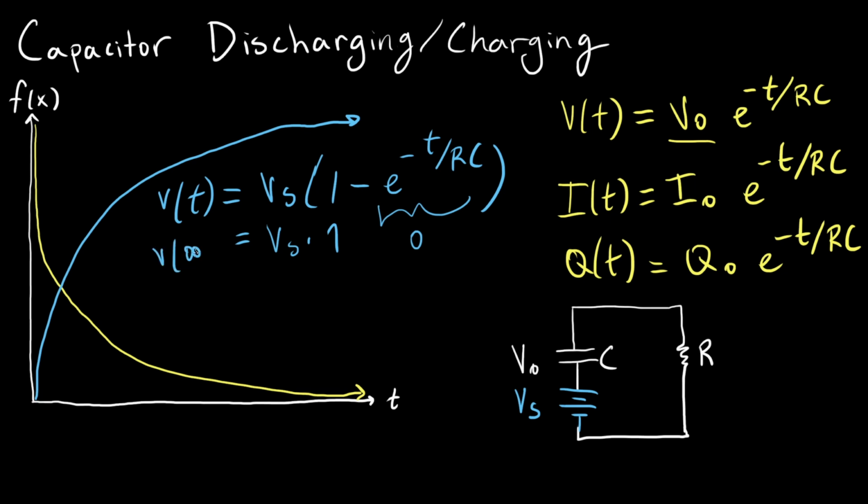So that means that V infinity is equal to just Vs. And from the graph, we see that that is what is happening. It plateaus towards a voltage Vs. And intuitively, this also makes sense because the capacitor wants to match the voltage of the voltage source. So eventually, it will rise steeply and then it will reach the same voltage as the voltage source.